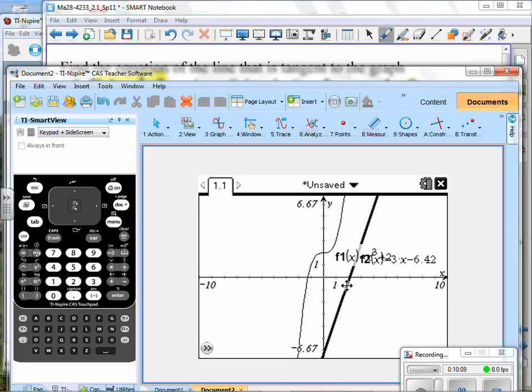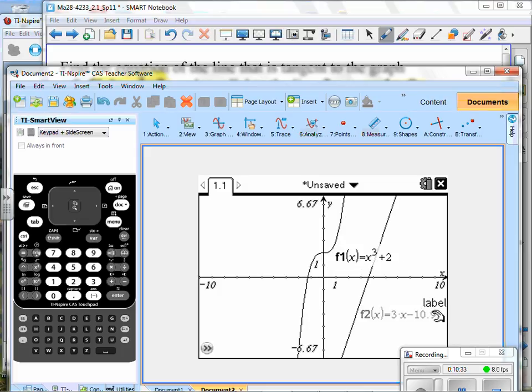Can this line be tangent to that curve at another point? What quadrant is it going to be tangent in? The second one, right there. So we have 2 points of tangency on this curve. We have to keep that in mind.